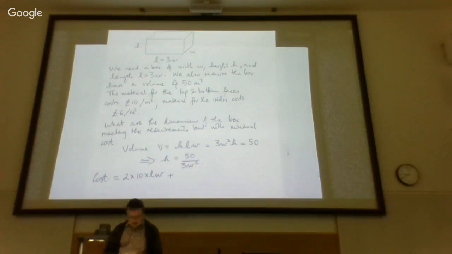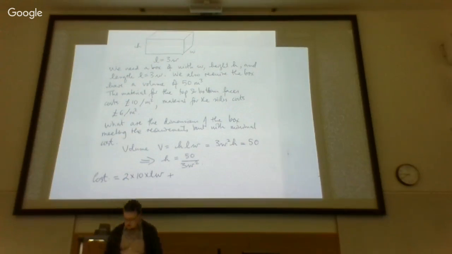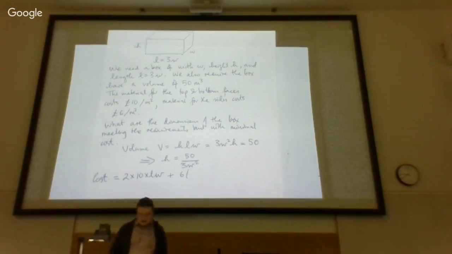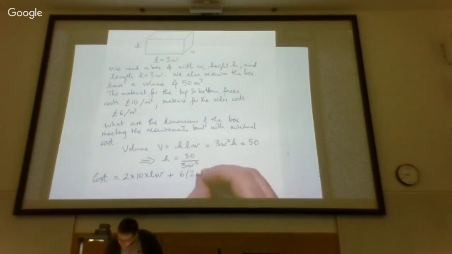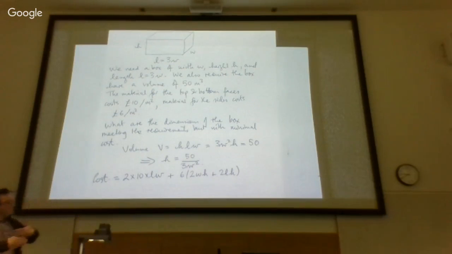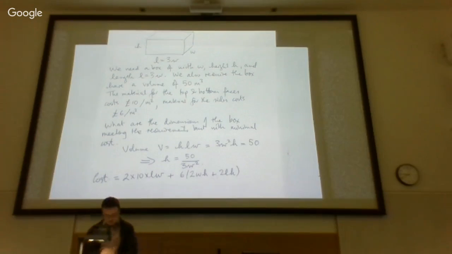Then the other faces, the material costs £6 per square metre. So we're going to have 6 times however many square metres. There are 2 faces of dimension W times H, and 2 faces of dimension L times H.